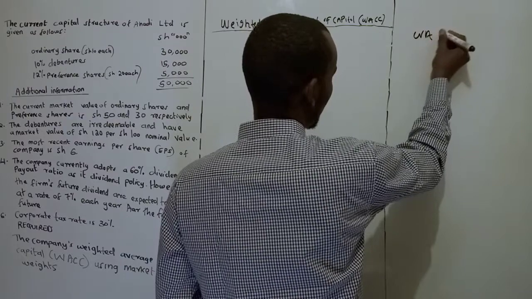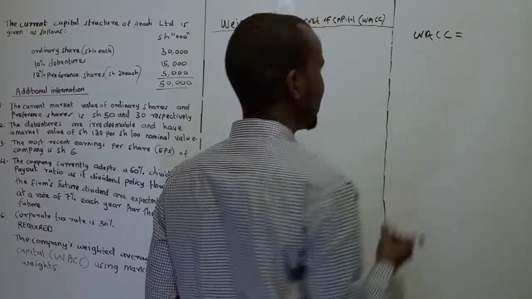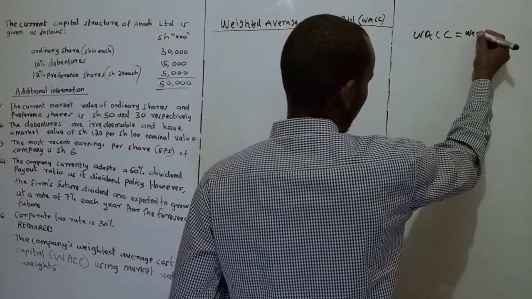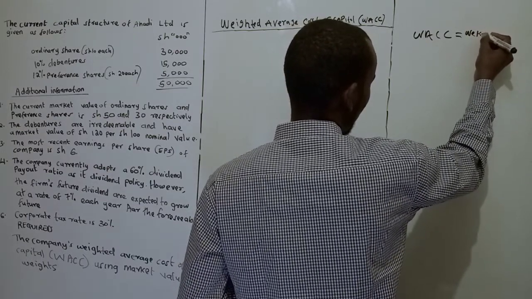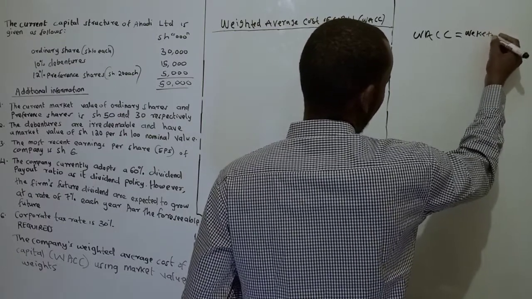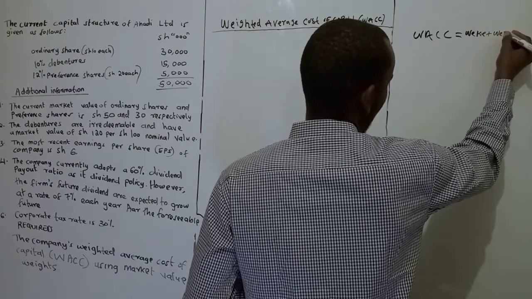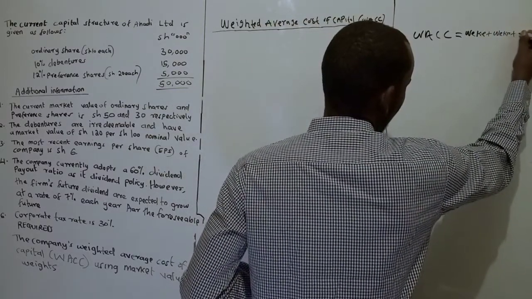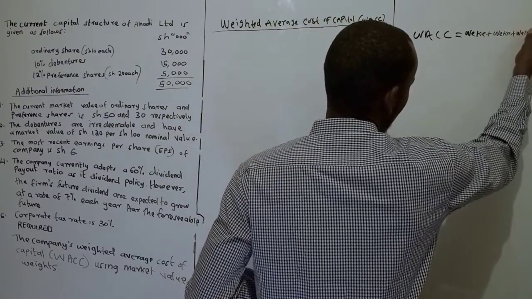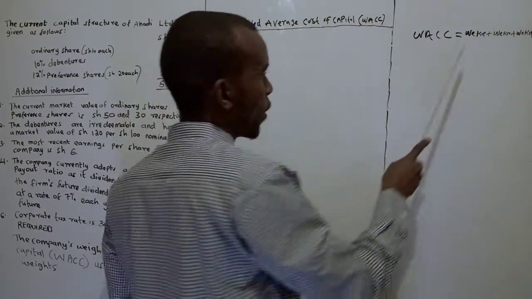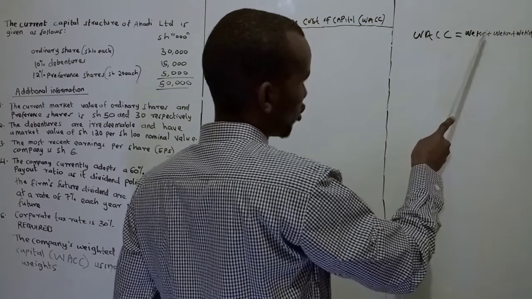weighted average cost of capital is equal to, we normally take the weight multiplied by the cost of equity, plus the weight multiplied by the cost of preference share, plus the weight multiplied by the cost of debentures. So we are going to get the weight of equity multiplied by the cost of equity.